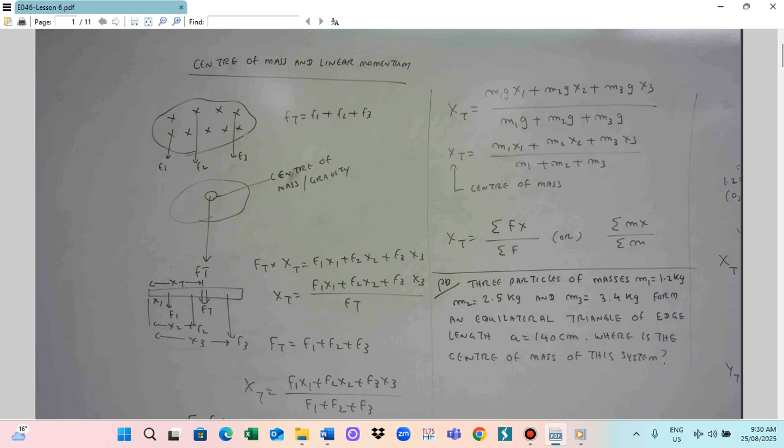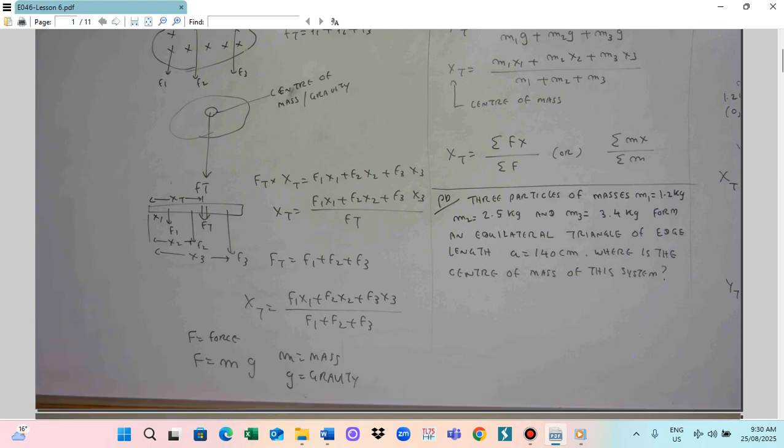So HT is equal to F1 H1 plus F2 H2 plus F3 H3 divided by FT. FT is F1 plus F2 plus F3, and therefore HT can be calculated as F1 H1 plus F2 H2 plus F3 H3 divided by F1 plus F2 plus F3.